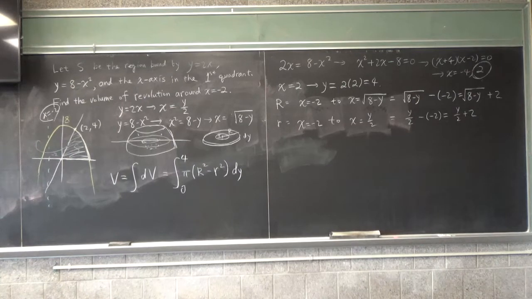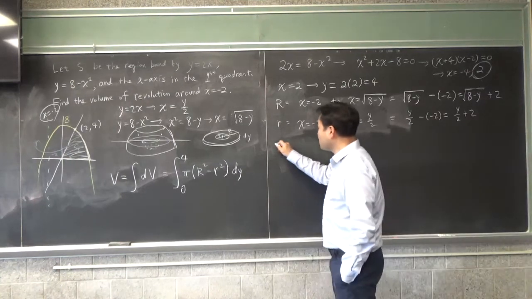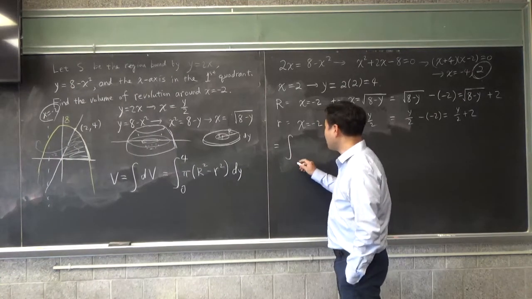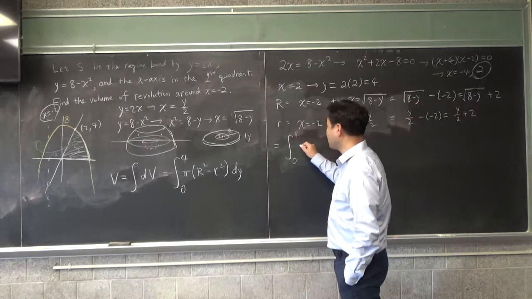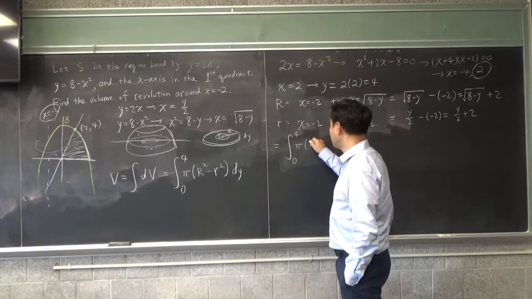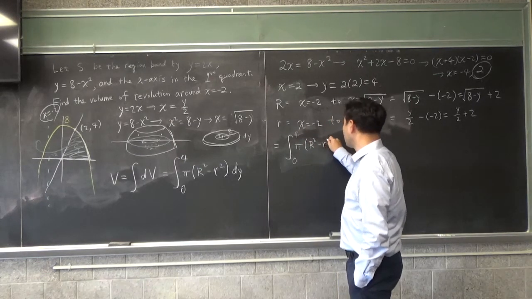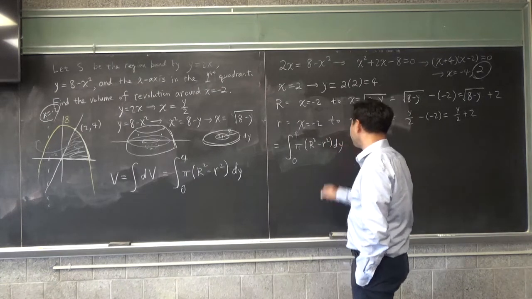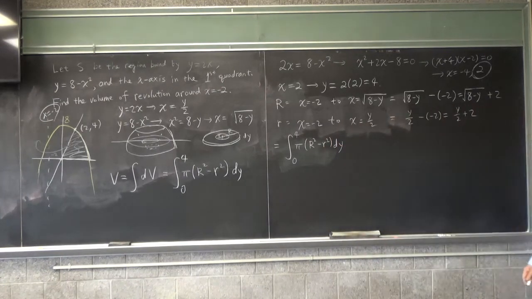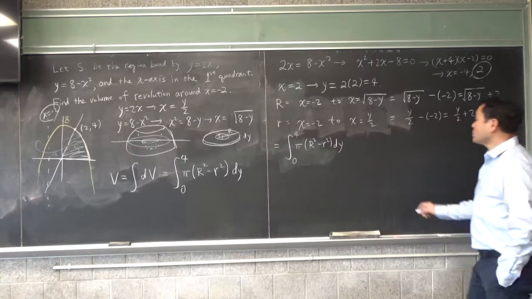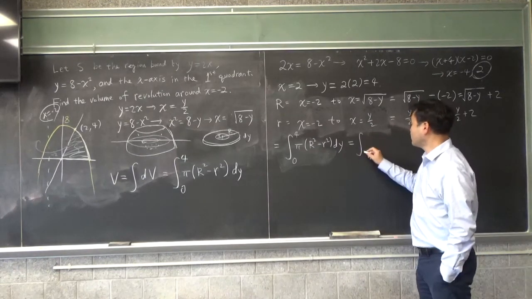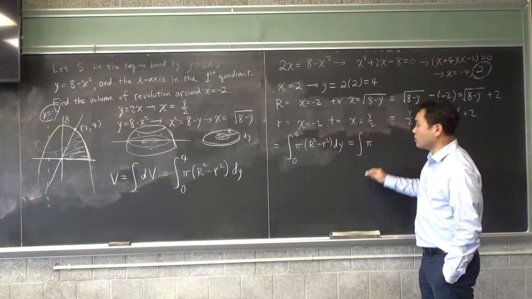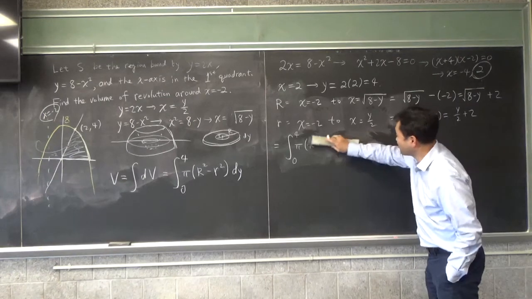Okay, so we can now write down the integral in an integration-ready format: 0 to 4, pi, capital R squared minus r squared dy. And then we can plug in. Oh, I just copied this without changing.